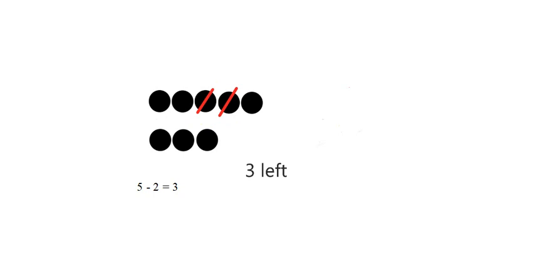Then how many are remaining? 1, 2, 3. These 3 circles are remaining. 3 circles are left. So it is read and written as 5 minus 2 equals 3.